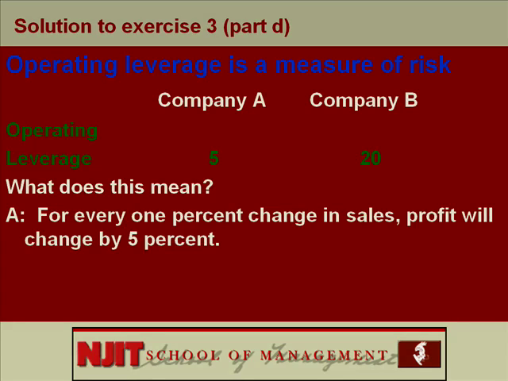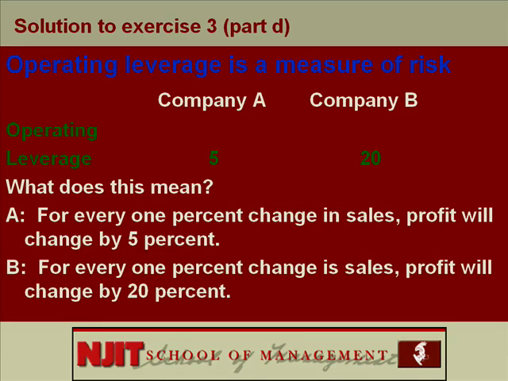Company A, it means for every 1% change in sales, the bottom line profit will change by 5%. So if, for example, sales dropped 1%, the bottom line profit will drop 5%. It works vice versa. If sales increase 1%, the bottom line profit increases 5%.